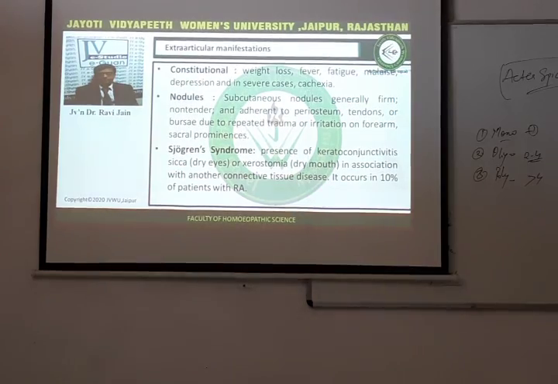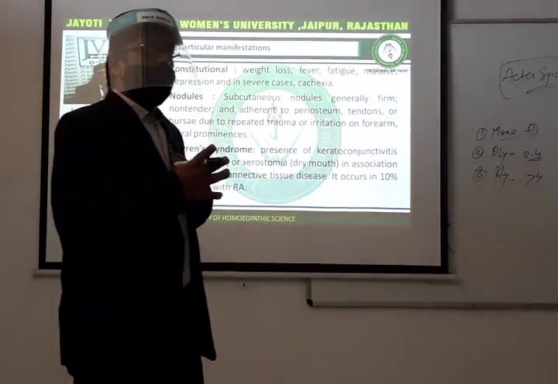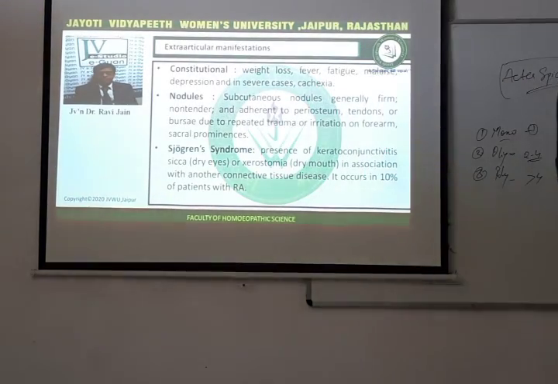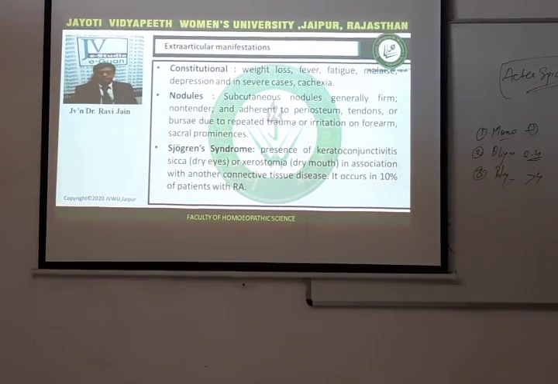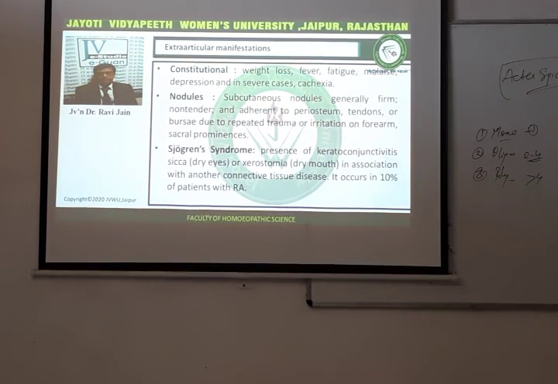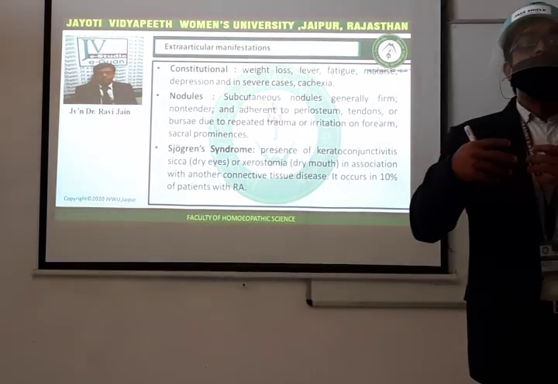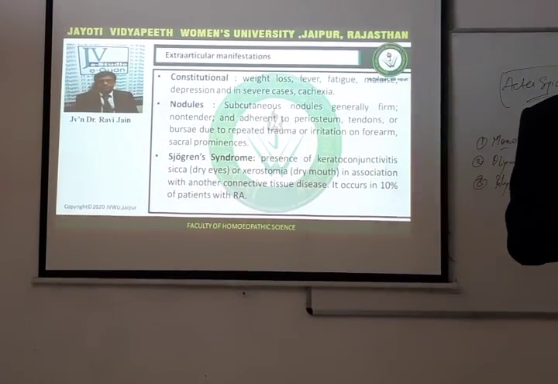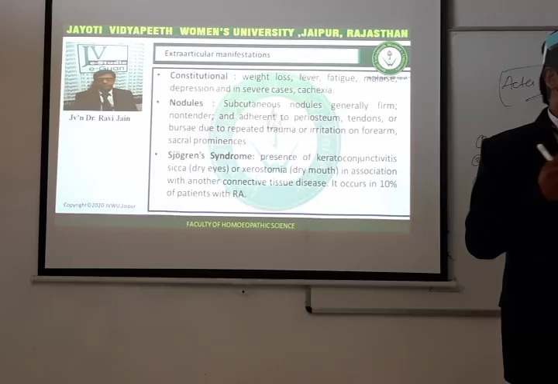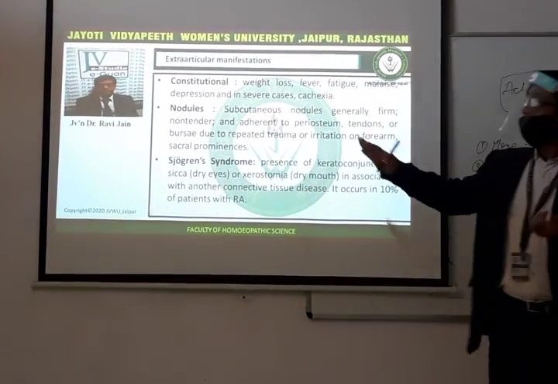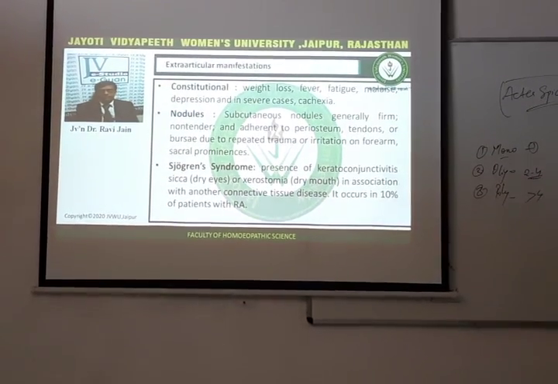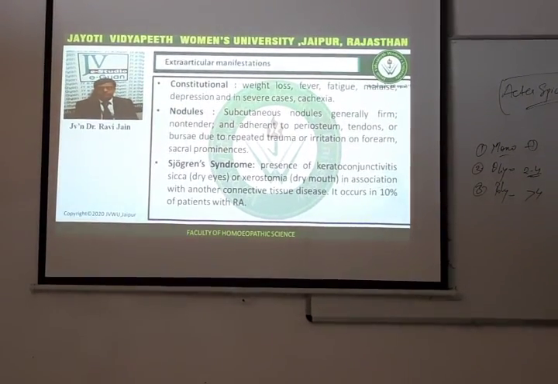Now, what are the constitutional symptoms of extra-articular manifestations? Constitutional symptoms are those symptoms present in the disease which are not specific to any particular disease. The constitutional symptoms of rheumatoid arthritis include weight loss, fever, fatigue, malaise, and depression.